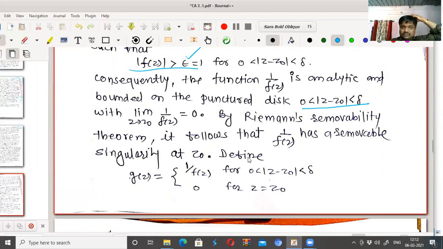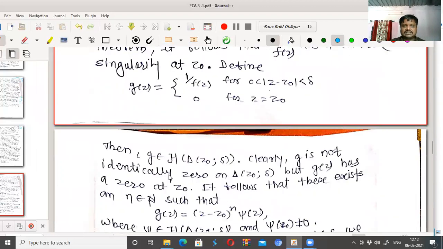Now, removable singularity means what? We can remove the singularity by redefining the function. So let g of z equal 1 upon f of z, and 0 for z equal to z0. What will happen? Then g is analytic in a disk having center at z0 and radius delta.